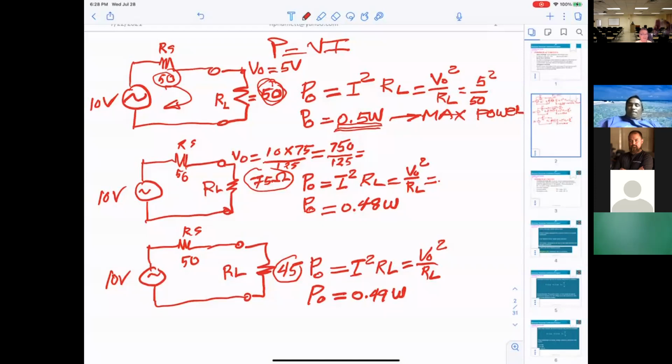You can design a transformer to get the matching impedance. Instead of 75 ohm, you can now match it to 50 ohm to get the maximum power. That we'll talk about in the next lecture.